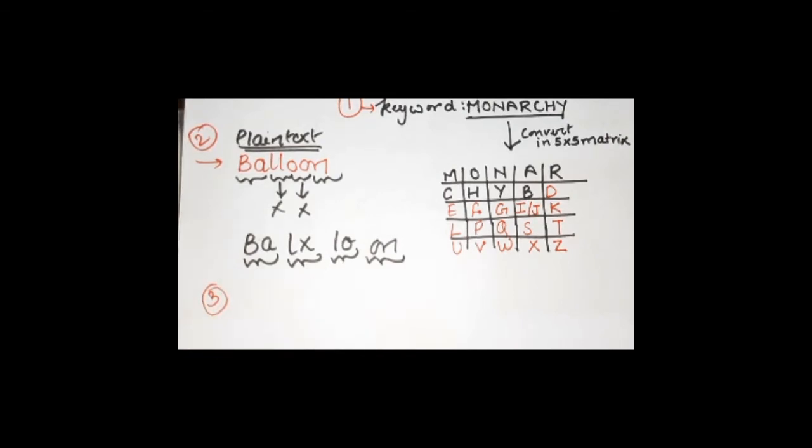Now after pairing them up, we'll be seeing where these pairs of letters fall in the 5x5 matrix. So there are three possible conditions. First condition is that both the alphabets in the pair fall in the same row.